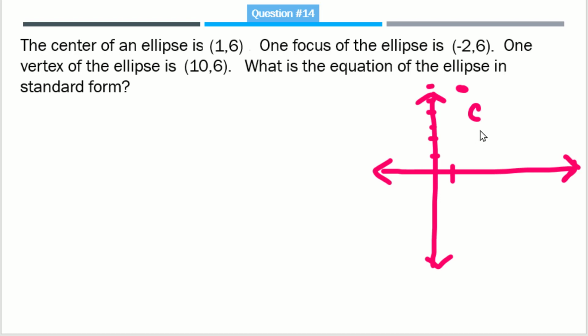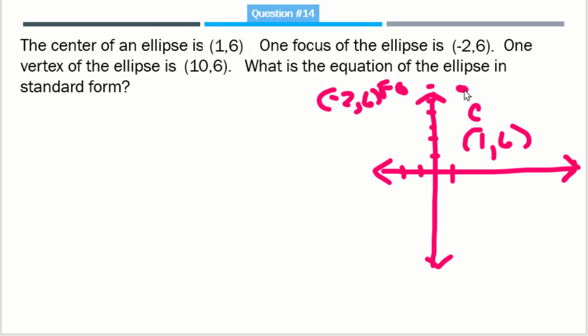And we have a focus at -2, 6. Oops, I didn't draw that high enough. There we go.